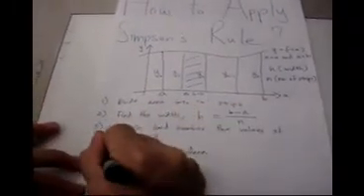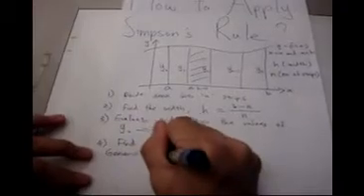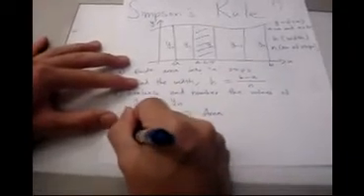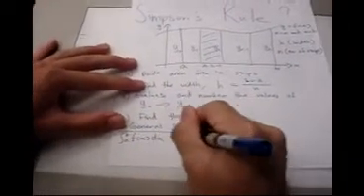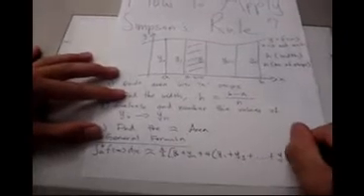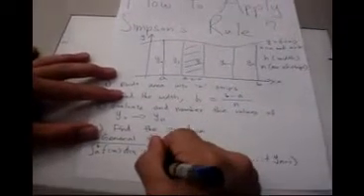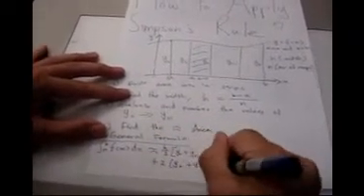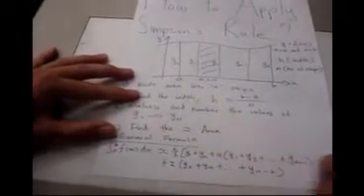The general formula. With this general formula, you're able to find the approximate area, and therefore this is how Simpson's rule is done.